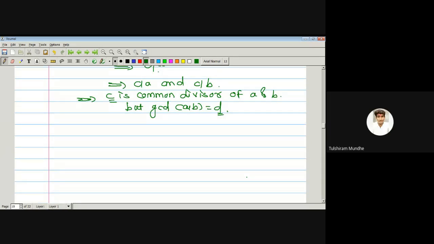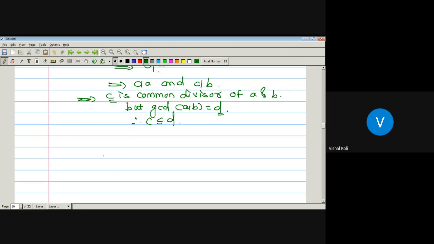D is greater than or equal to C, which implies C is less than or equal to D, just by the definition of GCD. That is what we have to prove.